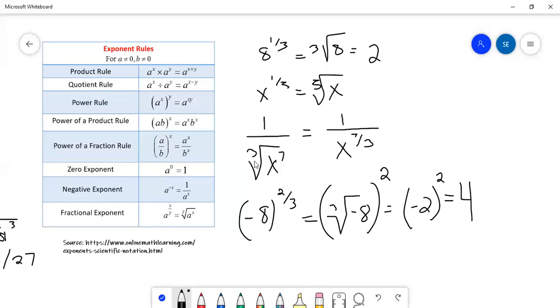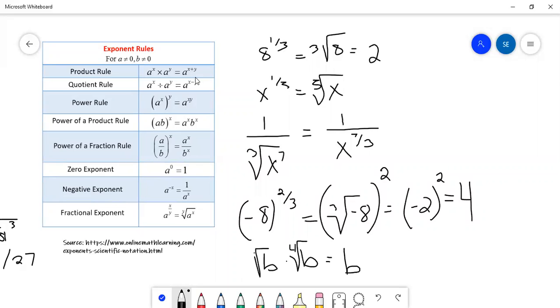And the last one kind of shows how sometimes it's easier to convert back and forth. We have the square root of b times the 4th root of b. If we want to condense this down, it's oftentimes useful to write these as fractional exponents, and then we can use our product rule to add those fractional exponents.